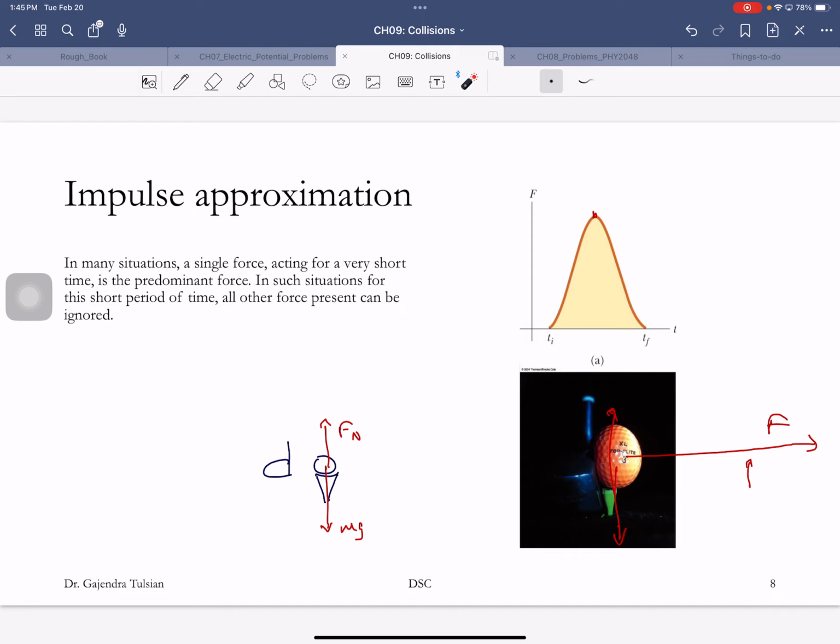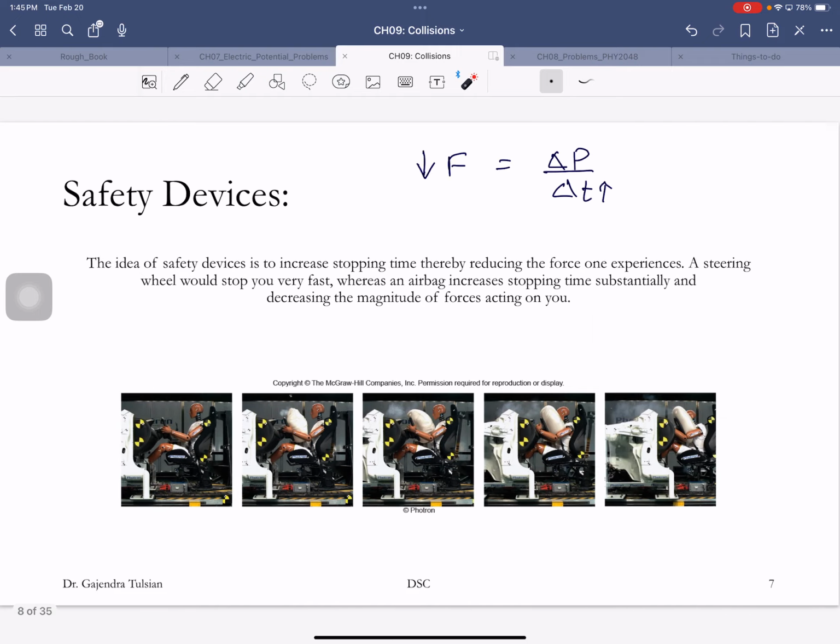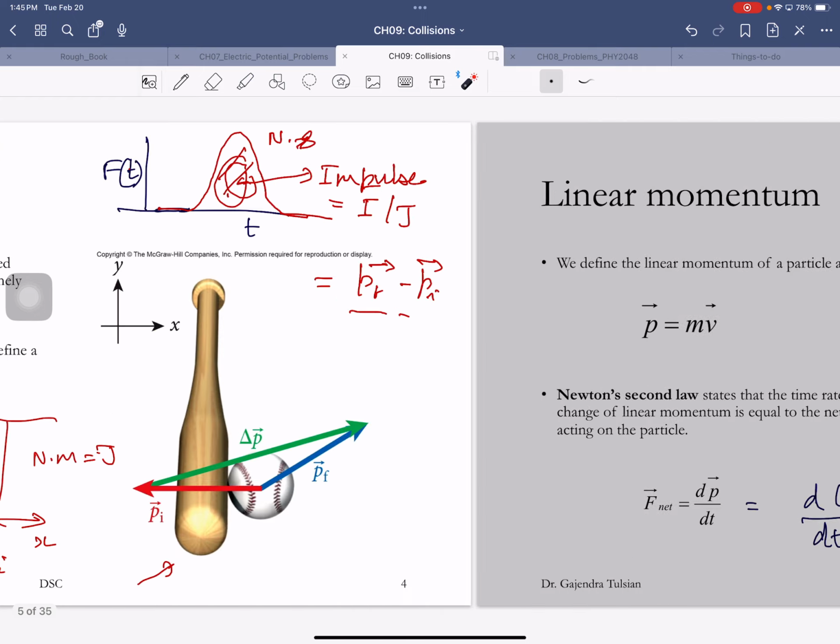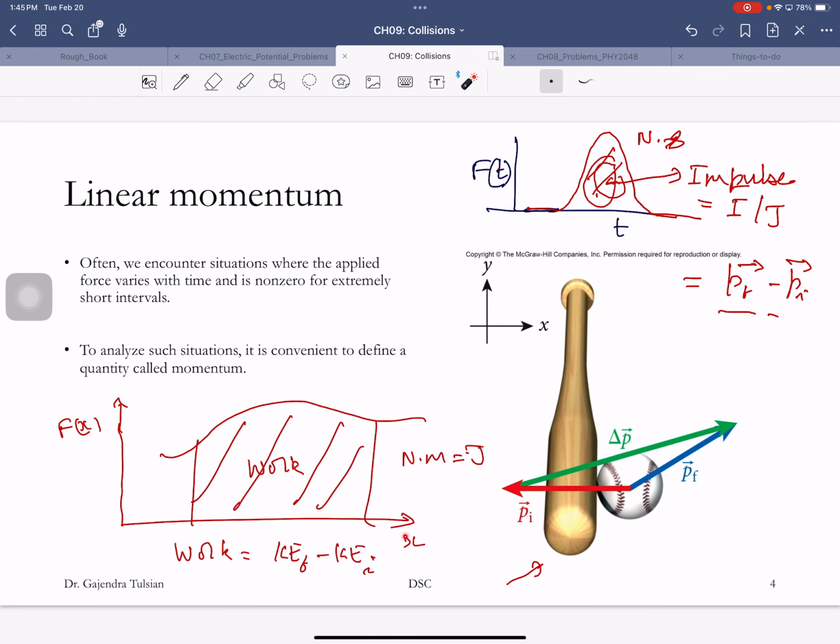So you saw that when forces change with distance, the area under that curve was called work, and the work showed up as change in kinetic energy. When forces change with time, the area under the curve is called impulse.